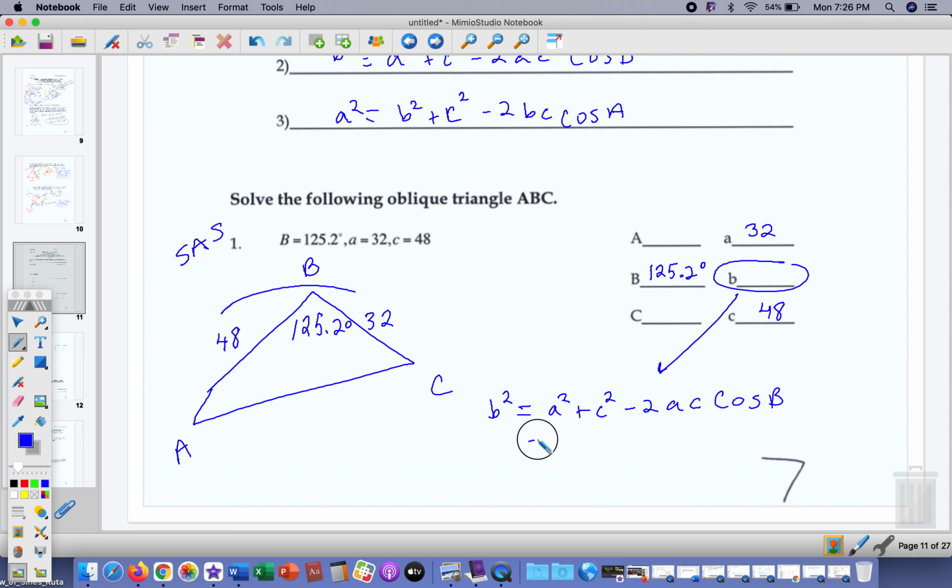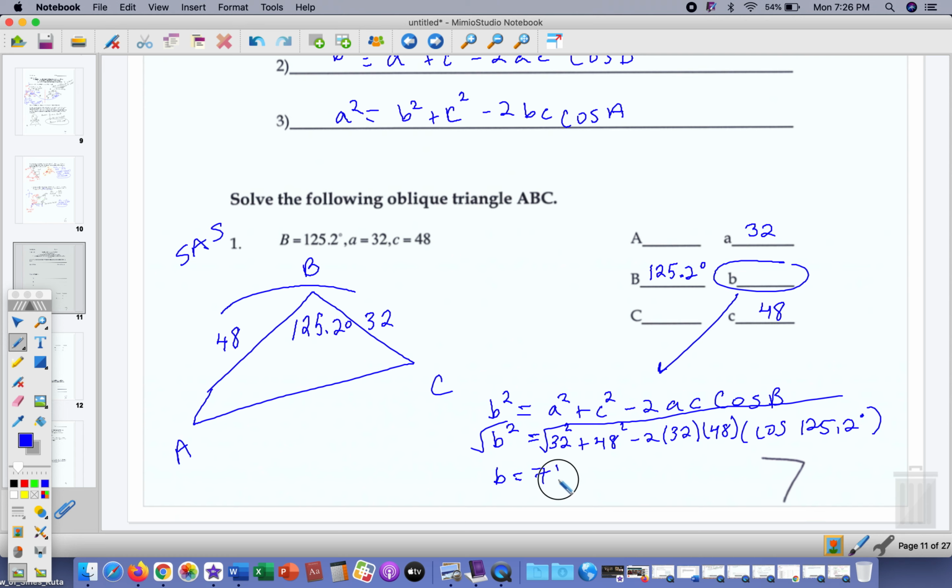We know a is 32, so 32 squared plus c is 48, 48 squared minus 2 times 32 times 48 times the cos of angle B, which is 125.2 degrees. Then we take the square root of that quantity once we have that value, and when we do that, we'll get b is about 71.4.